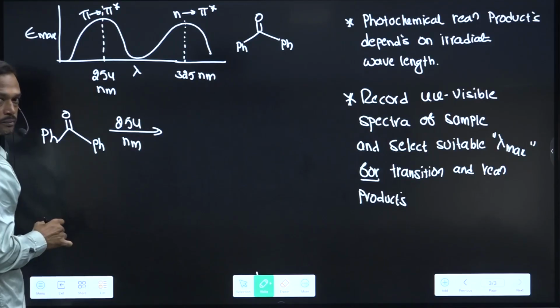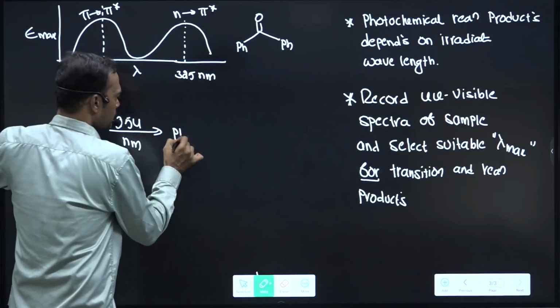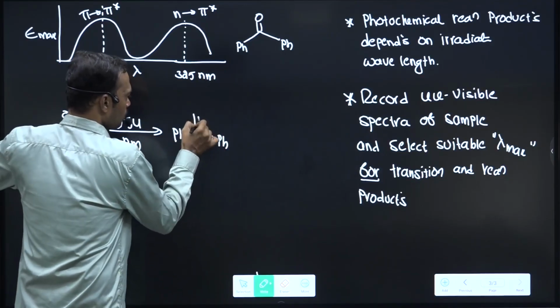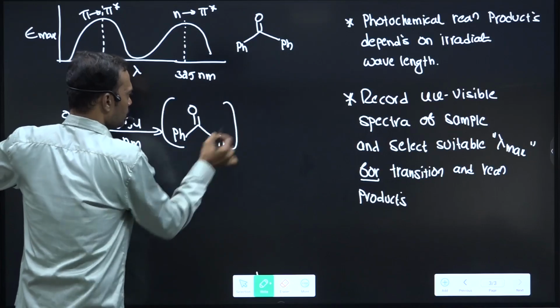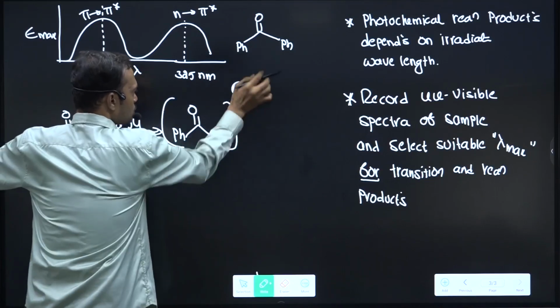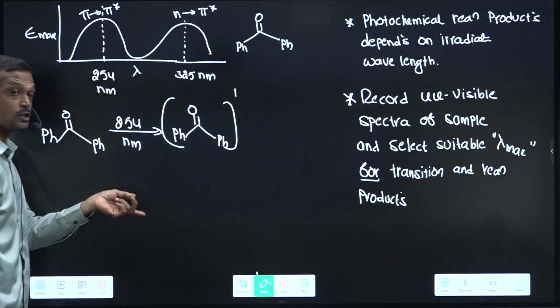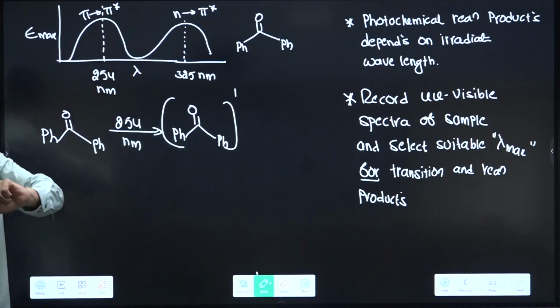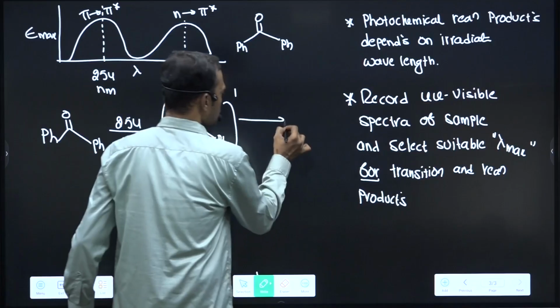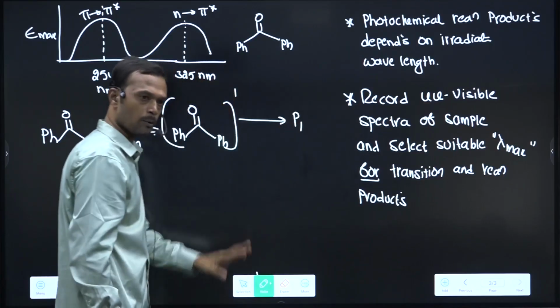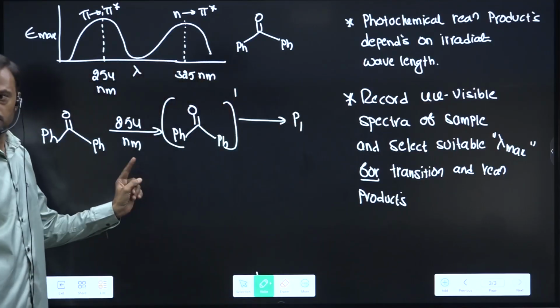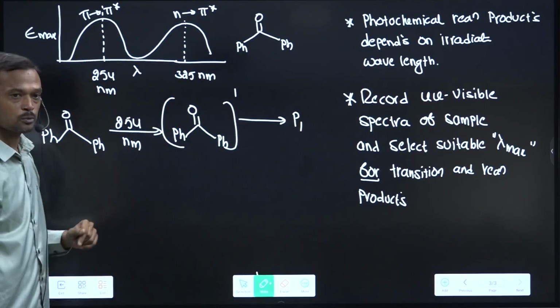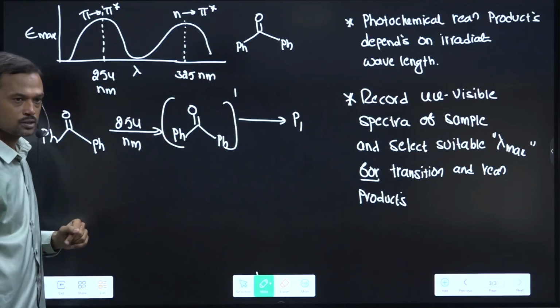Then what happens? Now this molecule gets excited. Now this will reach the singlet state. If possible, it reaches the triplet state. From there onwards it is responsible to give product 1. One product is possible. Okay, so what is the state of this molecule? Singlet state.